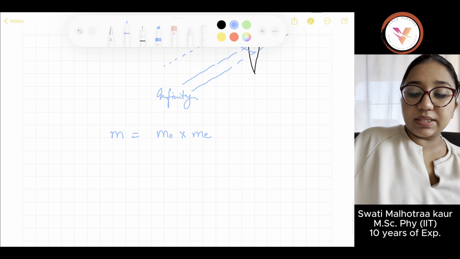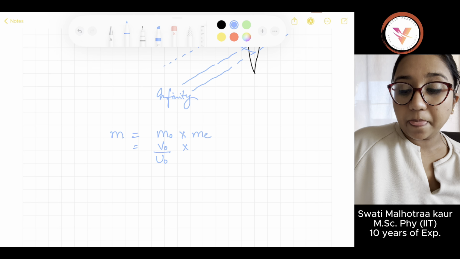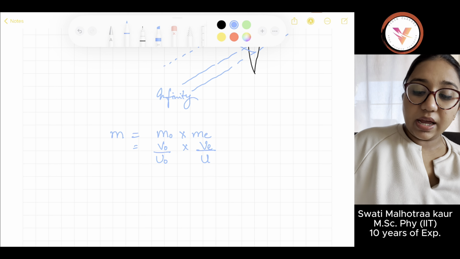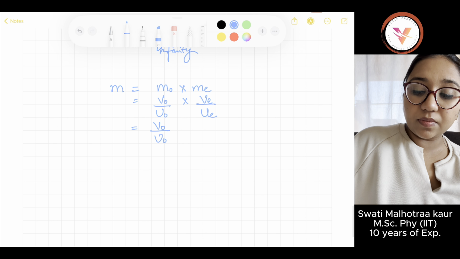MO is basically VO by UO, and ME is basically VE into UE, right? And now you can replace it. I'm not using sign convention here.